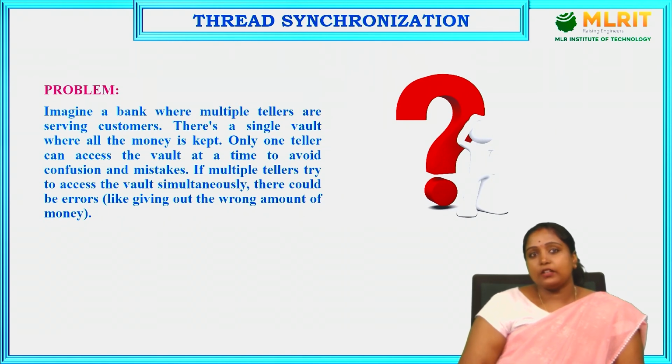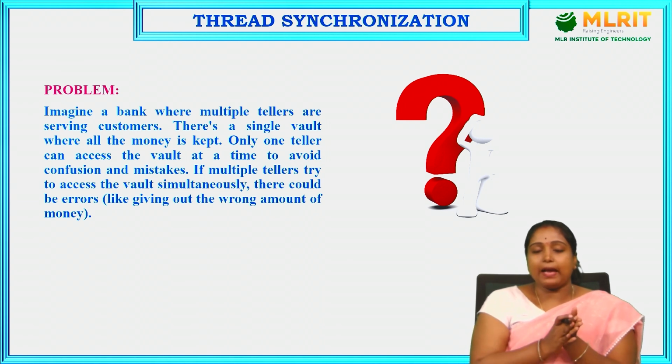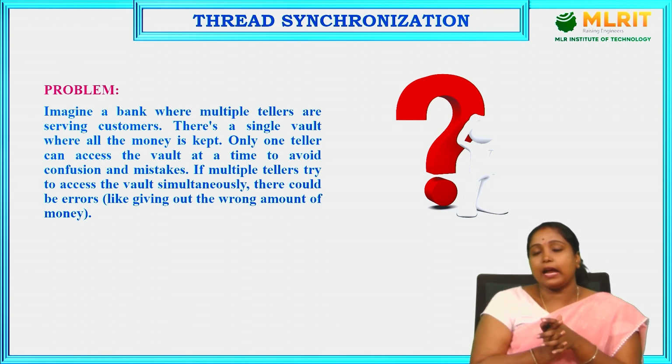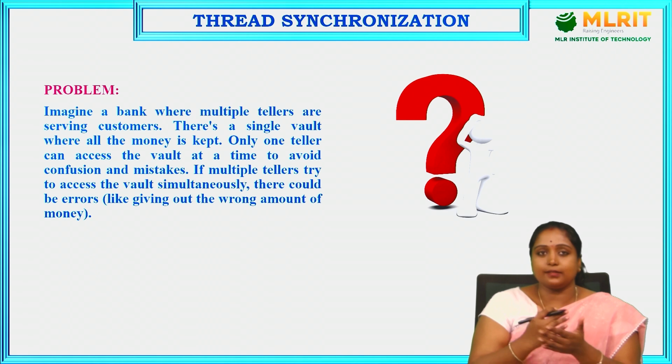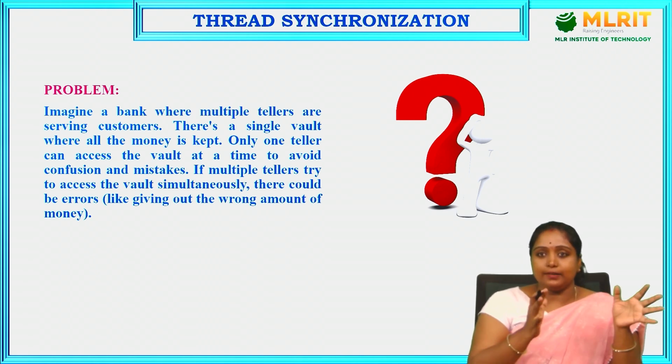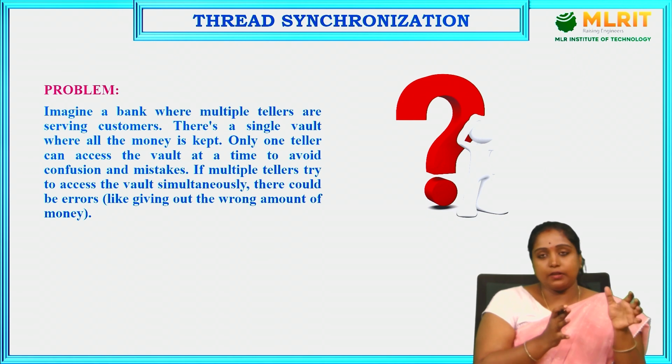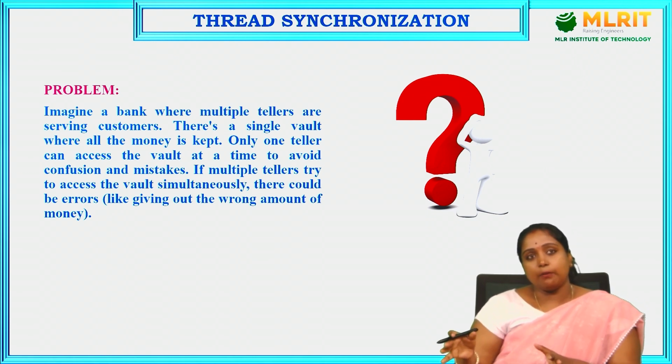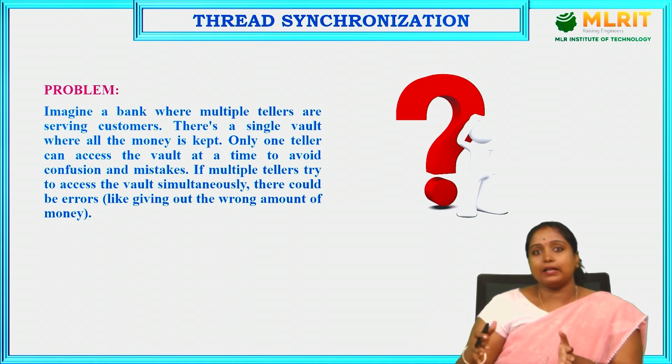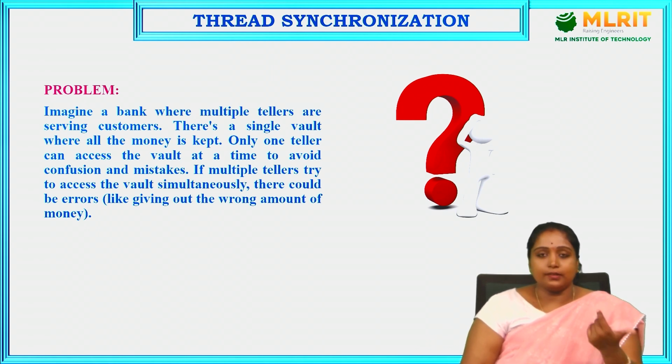So imagine a bank will have multiple tellers that serve the customers, but there is a single vault where all the money is kept. In one room, you only have money, and there are multiple tellers or workers who communicate with the customers.